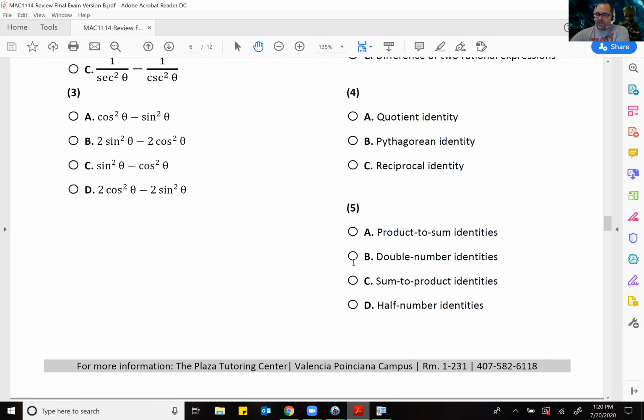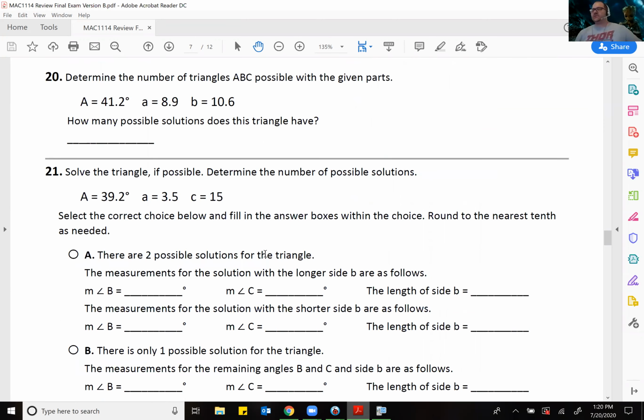So that fifth blank is the double angle identity. Or you could say identities, which is B. That goes in the last blank. Okay, and there we go. And that right there ends chapter 10.